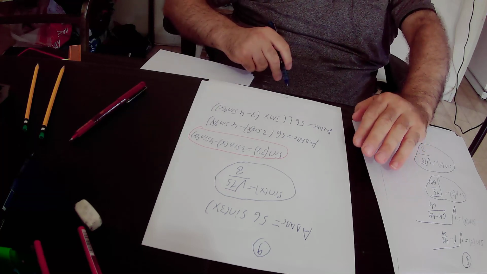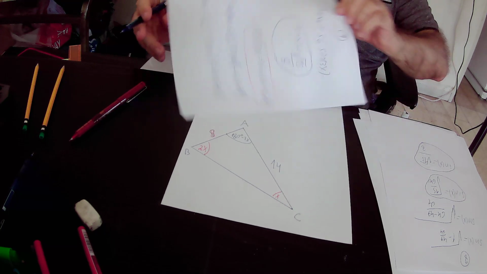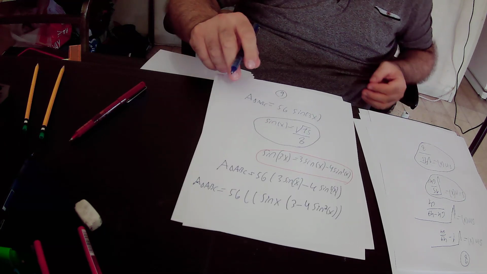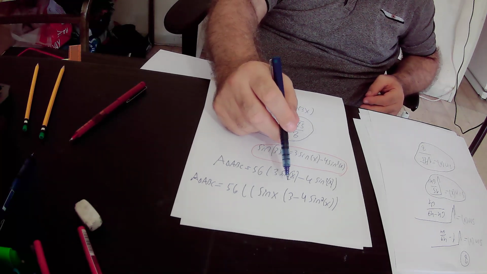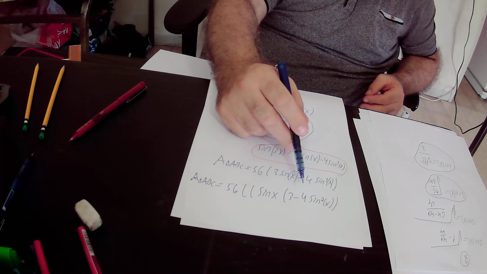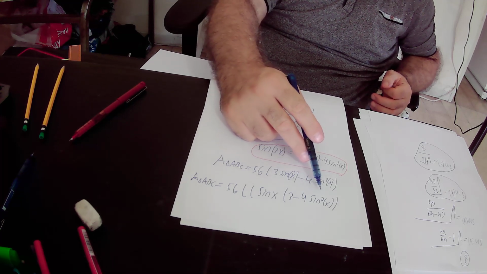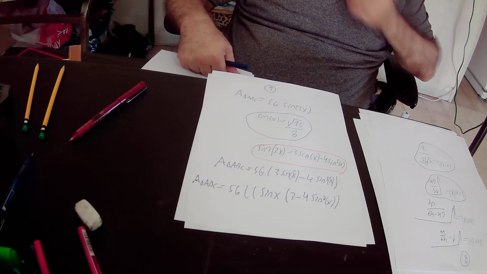Okay, in total we got that the area of triangle ABC equals 56 times sine x, in the brackets 3 minus 4 sine square x.